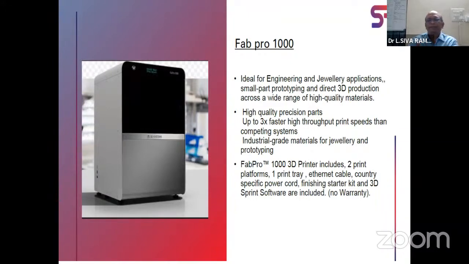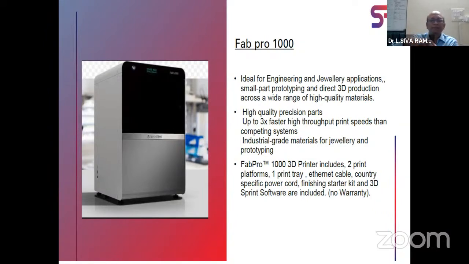The build platform is dipped in a resin tank. The UV projection lamp projects onto the resin, and as the first layer is built, the build platform moves up, against gravity.